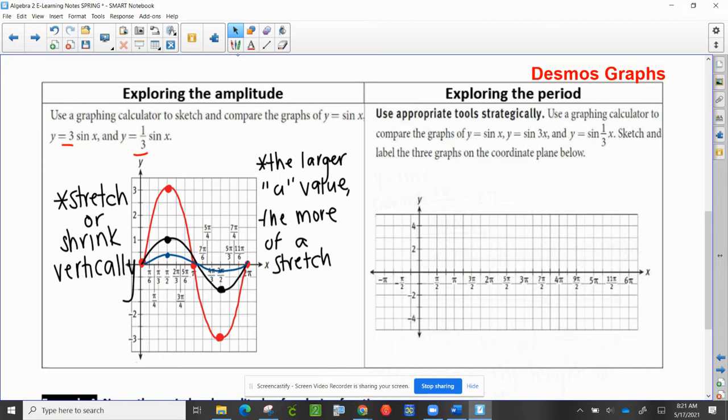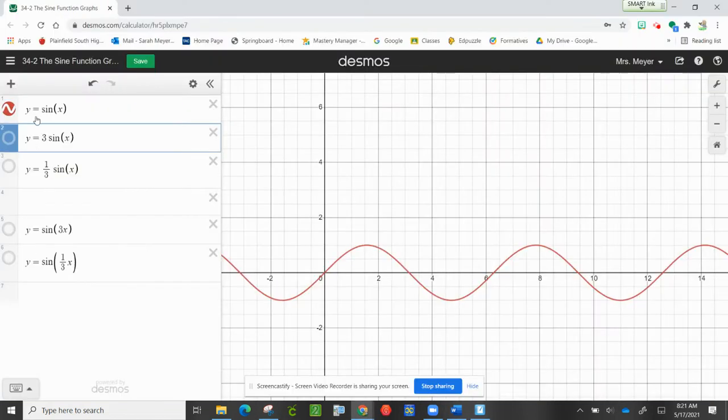All right, now let's explore changing the period on our graph. Remember, that's the value in front of the x. So if we make sine of 3x and sine of 1/3 x, that should change the period. So let's look at how that looks on Desmos. Again, I have my parent function graphed here in red, but if I graph sine of 3x, you notice the placement is different, this is inside the function. You notice our function is just repeating at a faster rate.